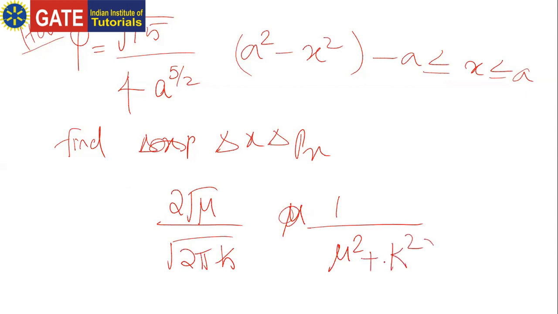I think that is the correct answer. I don't have the solution right now. Let me do it once. Root 2 root mu by 1 by mu square plus k square. Okay, 2 mu root mu. Any other answers?